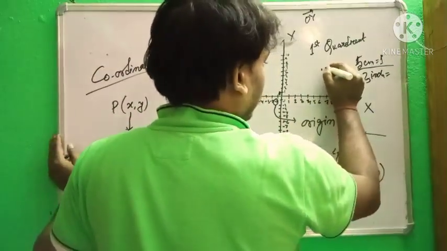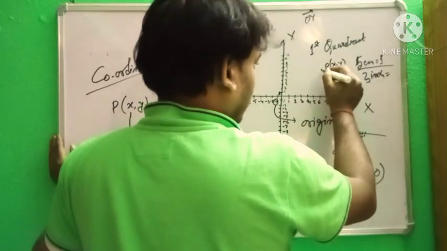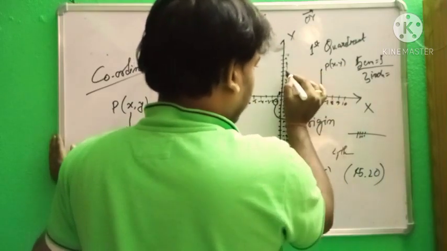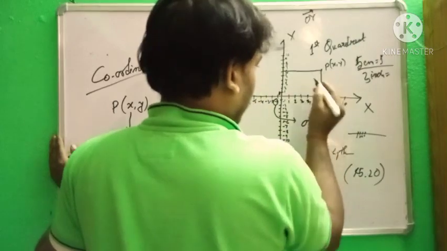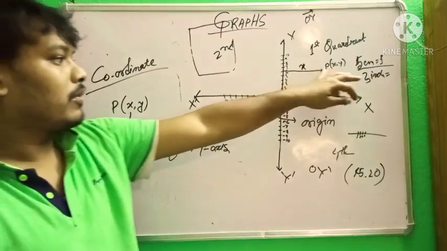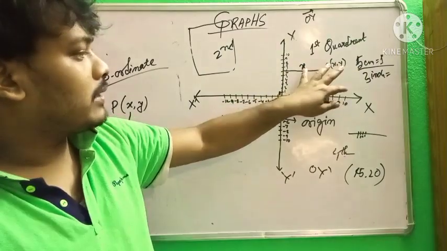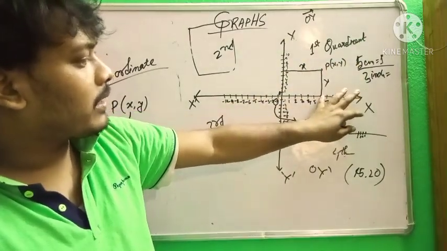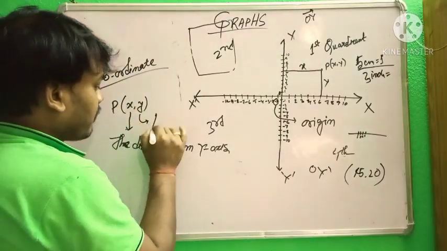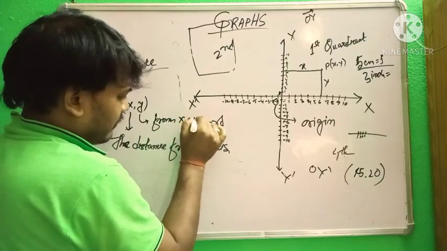I write here the coordinate of this point, that means x comma y. So it is x and it is y. Okay, so x comma y means the distance from the y axis is x and the distance from the x axis is y. Okay, and y is the distance from the x axis.